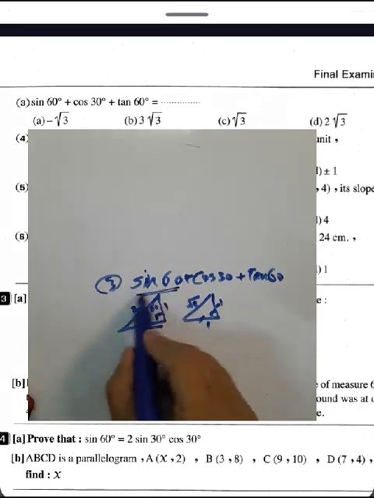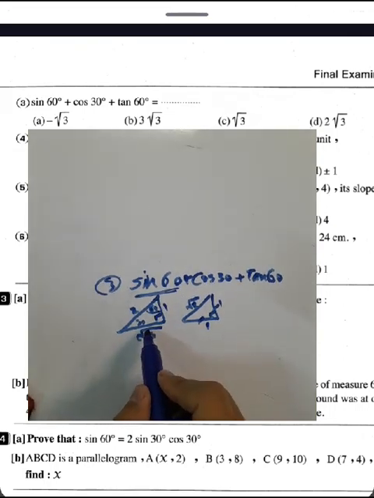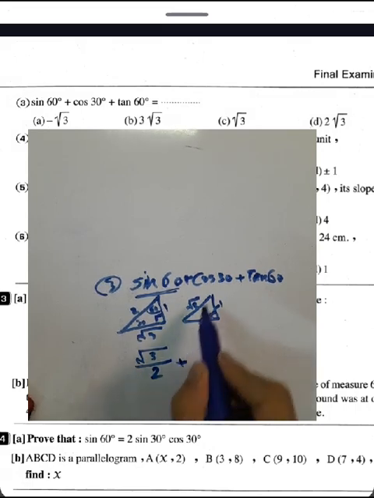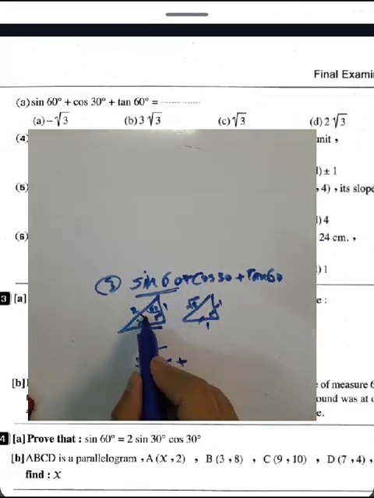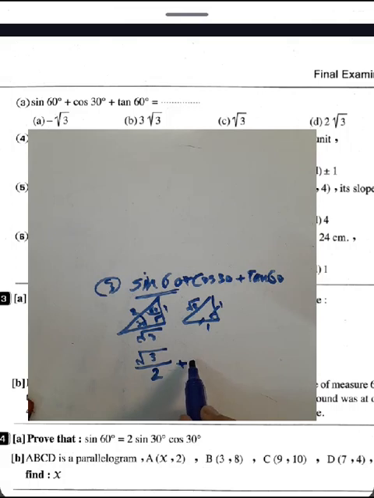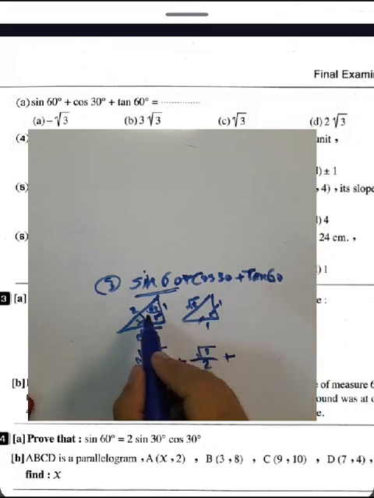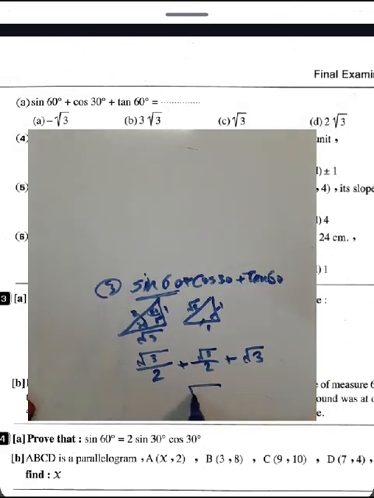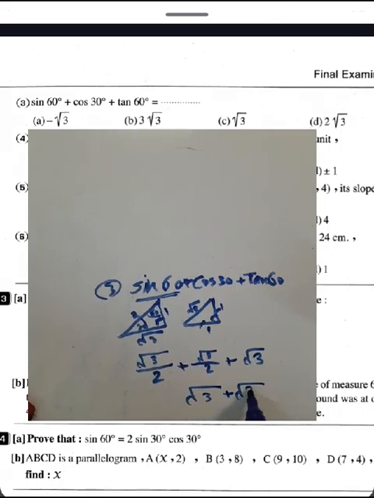Then we can find the value of sine 60 here, opposite over hypotenuse, plus cosine 30, adjacent over hypotenuse. Tan 60 is root 3 over 1. We can add them, the result will be root 3 plus root 3, which is 2 root 3.